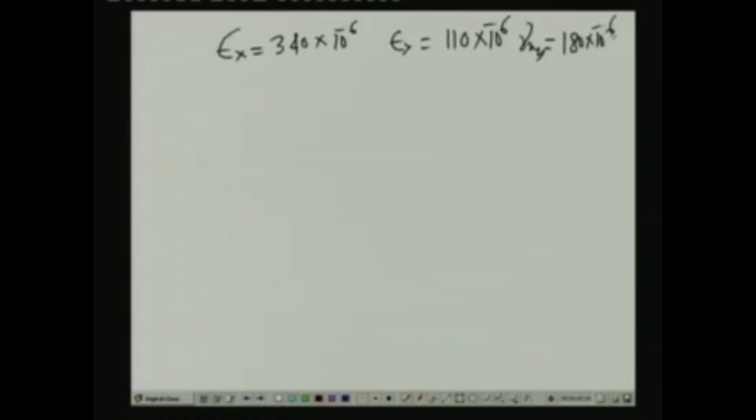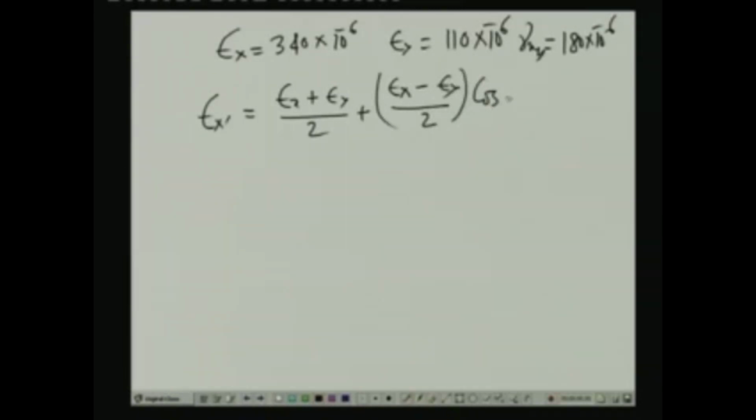Now, from the transformation equations we know epsilon x dash, which is at 30 degree in this particular case, is equals to epsilon x plus epsilon y by 2 plus epsilon x minus epsilon y by 2 times cos 2 theta plus gamma xy by 2 sin 2 theta. Now, if we substitute, theta is 30 degree, so 2 theta is 60 degree. If we substitute these values, epsilon x is 340, epsilon y is 110.